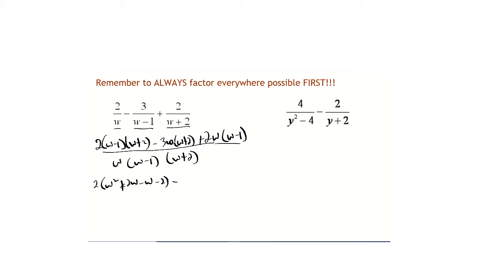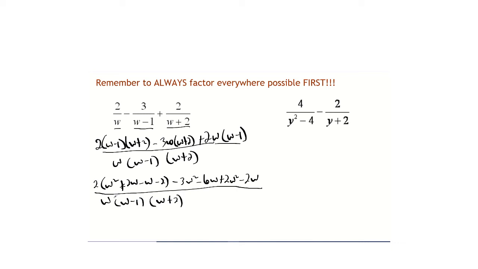Take away 3w times w, take away 3w times 2, negative 6w, positive 2w times w, let's do 2w squared, a positive 2w times a minus 1 is a minus 2w. Put your denominator back in there, w take away 1, w plus 2.